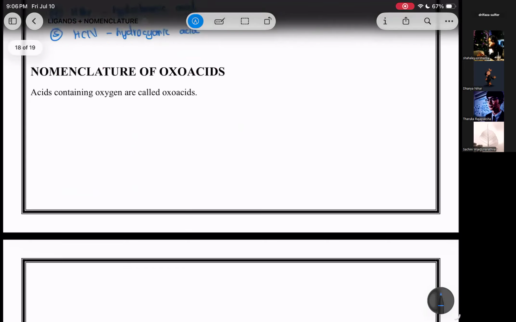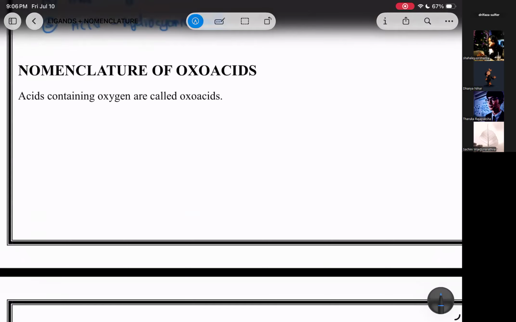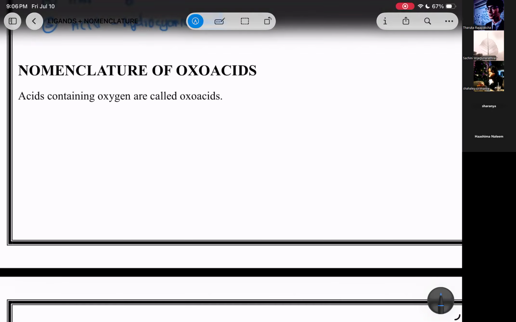Then finally, nomenclature of oxoacids. So we have first one, having more than one oxidation number. H2SO3, H2SO4.